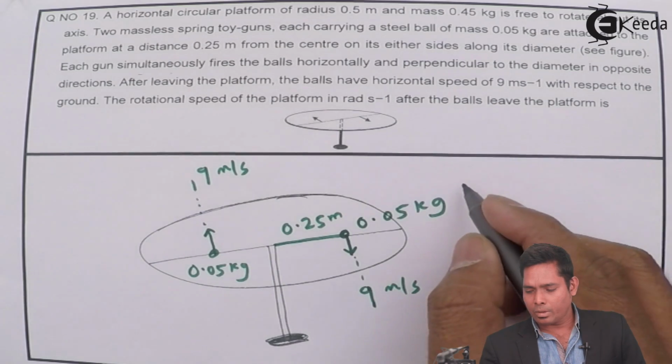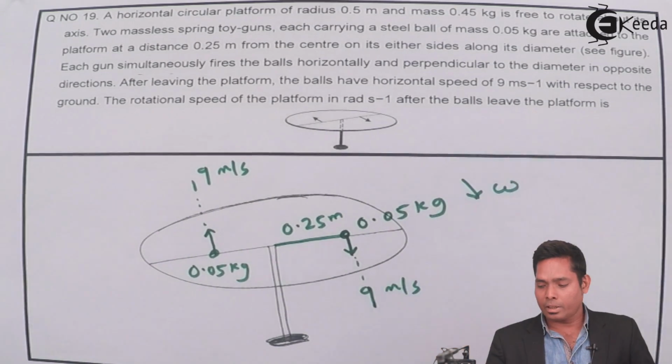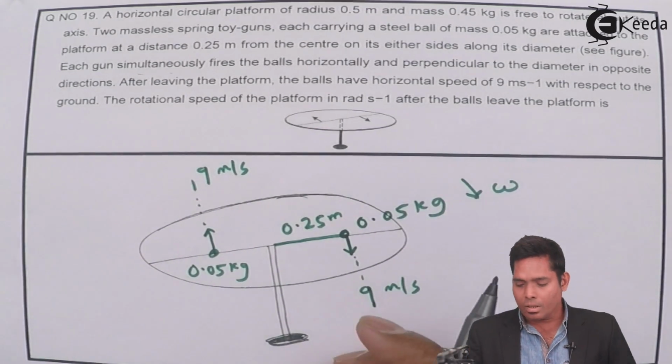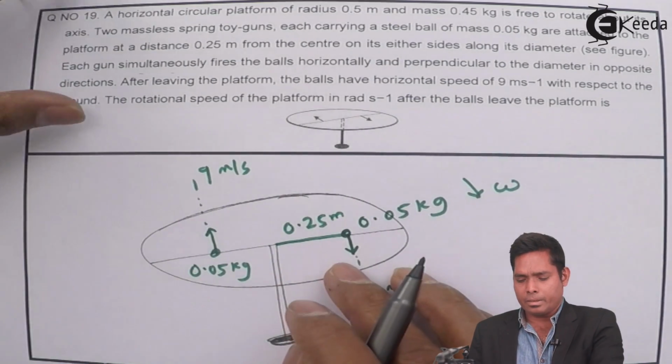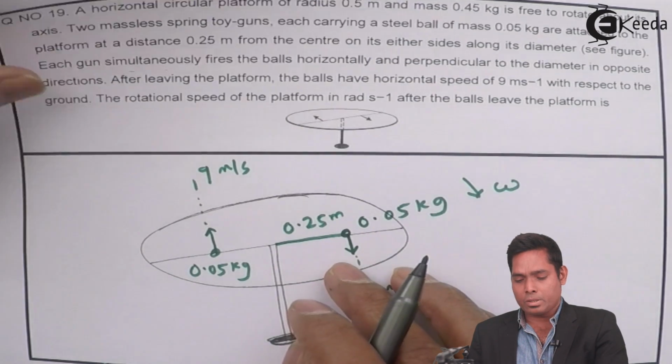Suppose that the angular velocity is omega. This is based on the principle of conservation of angular momentum, so we'll apply it.